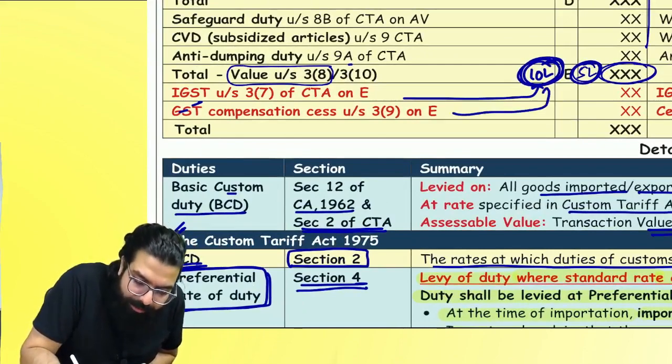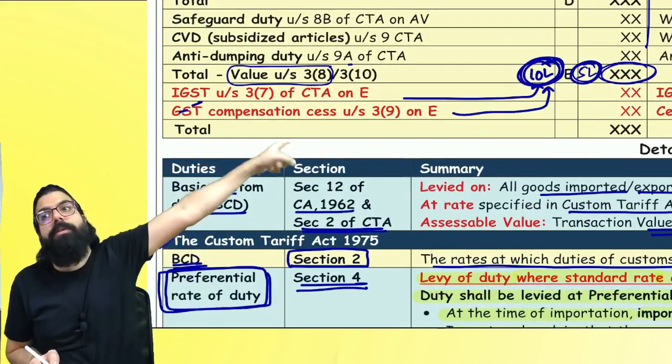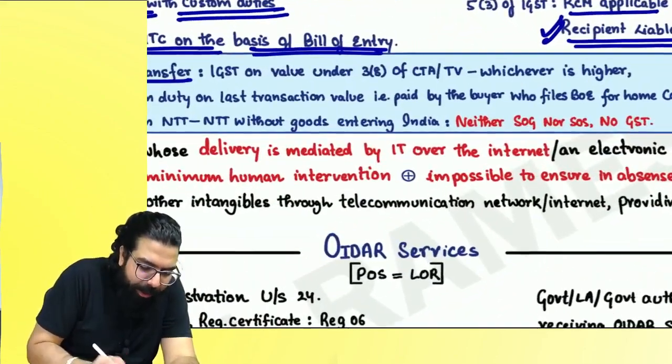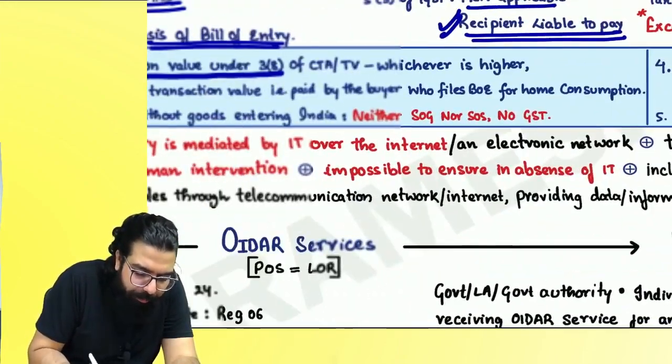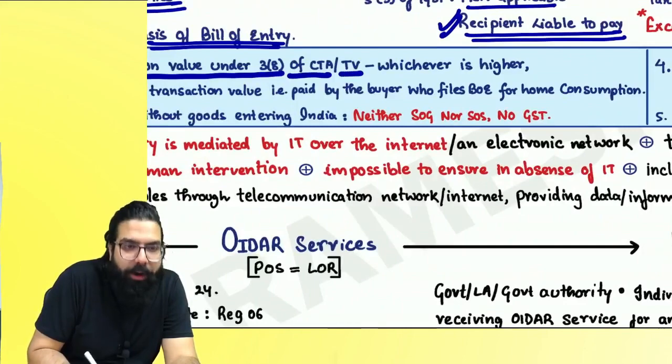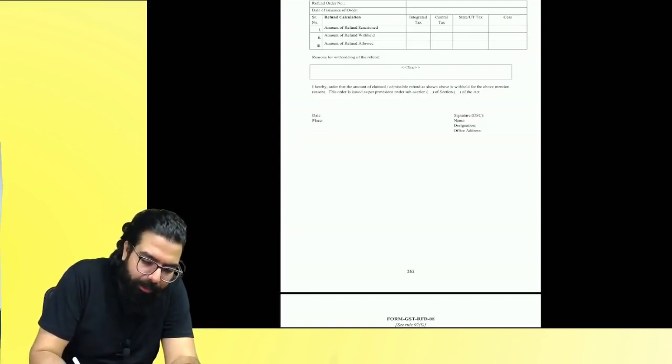On 10 lakh the GST compensation cess will be collected, and this will be collected under the Customs Act. Always remember, IGST will always be on the value under 3(8) of the Customs Tariff Act, or the transaction value, whichever is higher. Is my point clear to all? Can I go ahead, everyone? Yes, sir. We are all clear.